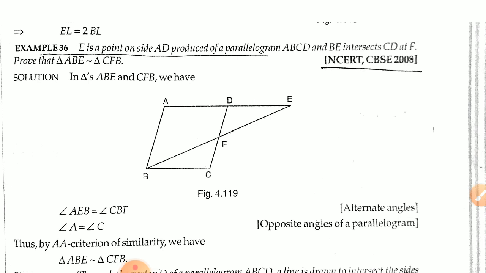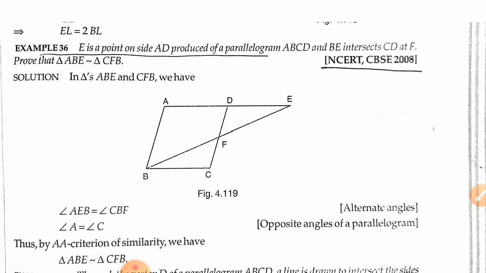In triangle ABE and triangle CFB, here it is seen that angle AEB means angle E and angle B both are equal. Why?